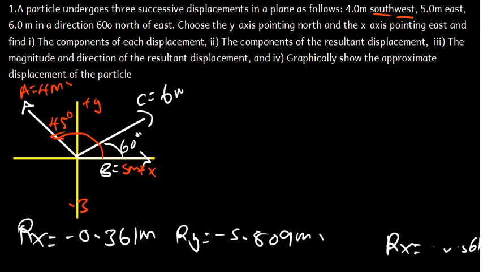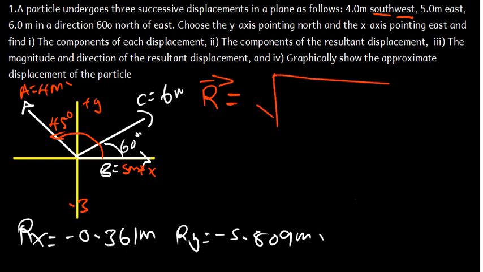Now we go to part C, which is part 3, which is saying find the magnitude and direction of the resultant displacement. To find the magnitude, we use the square root of Rx squared plus Ry squared.